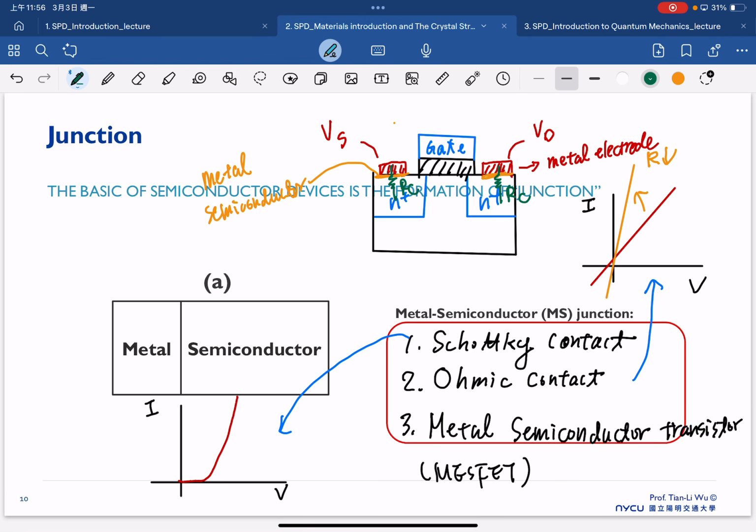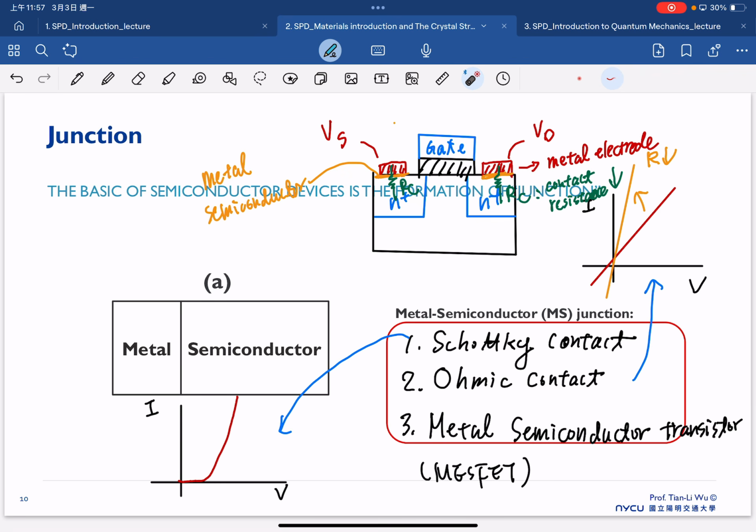That is very crucial, what we call the contact resistance. Ideally, we always hope we can make the contact resistance as small as possible, because we want to reduce the voltage drop here and here. So that's why we always try our best to make the contact resistance as small as you can.